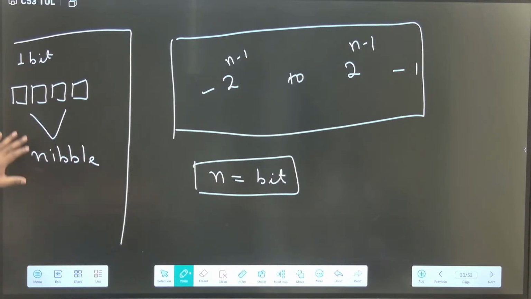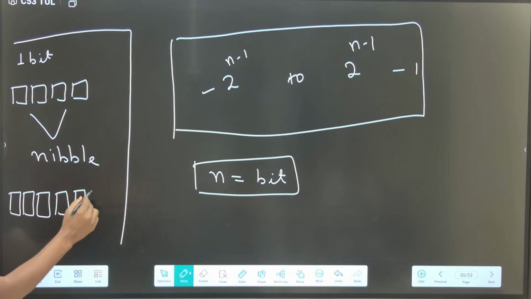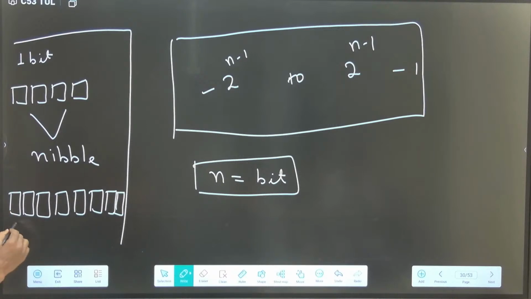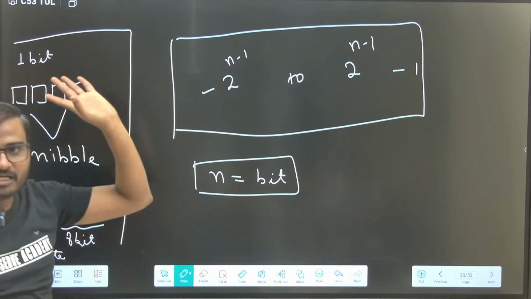The third memory unit is the byte: if you combine 8 bits, that becomes 1 byte.